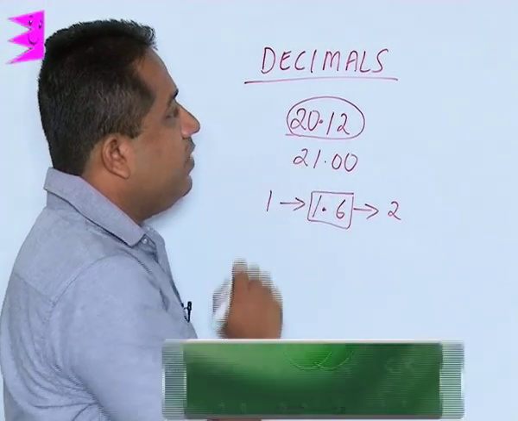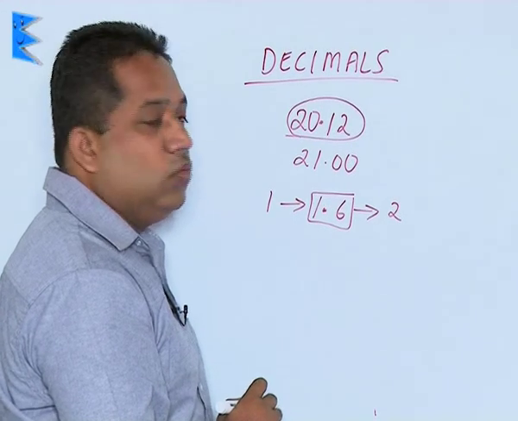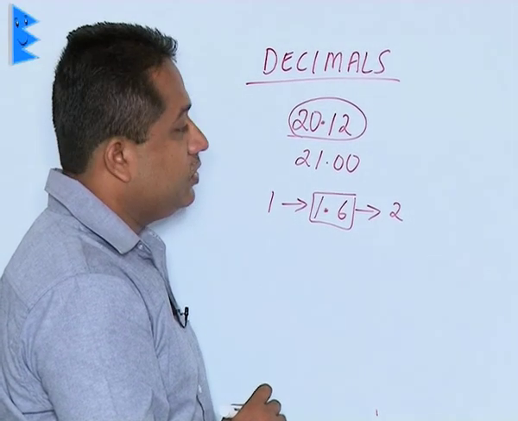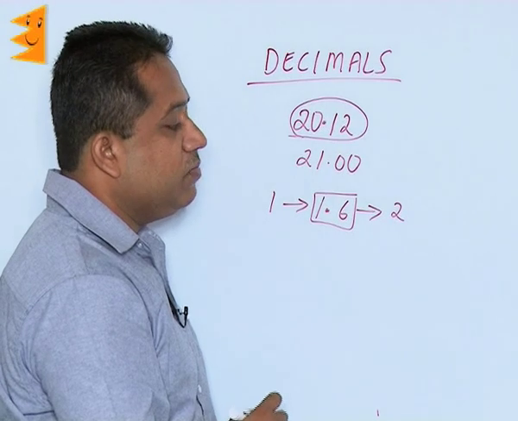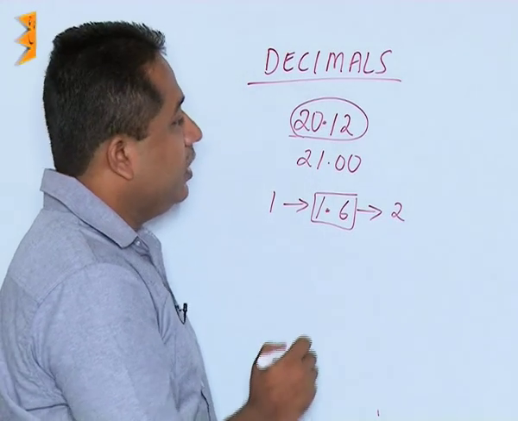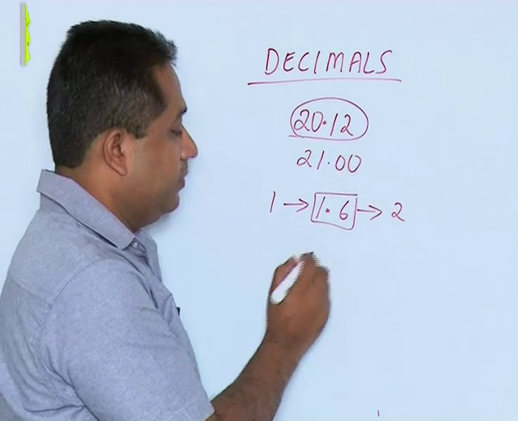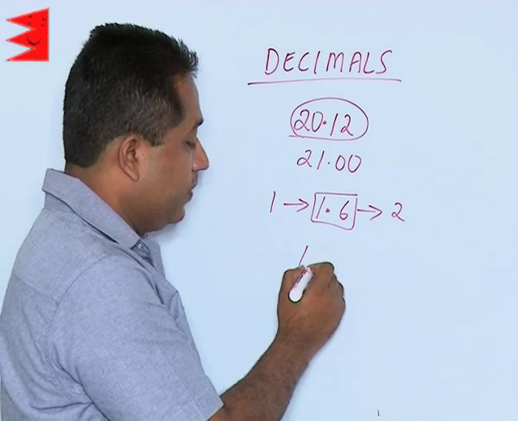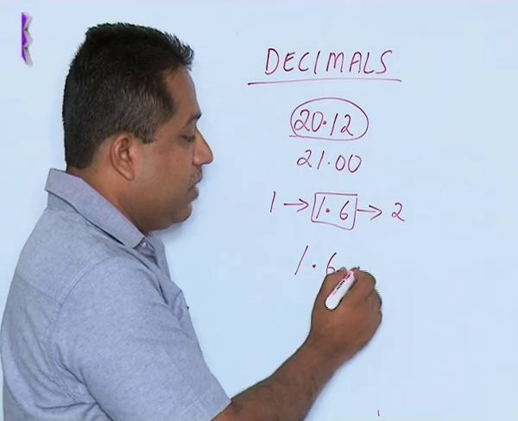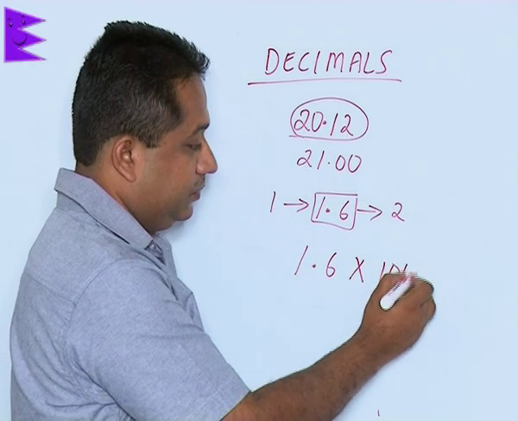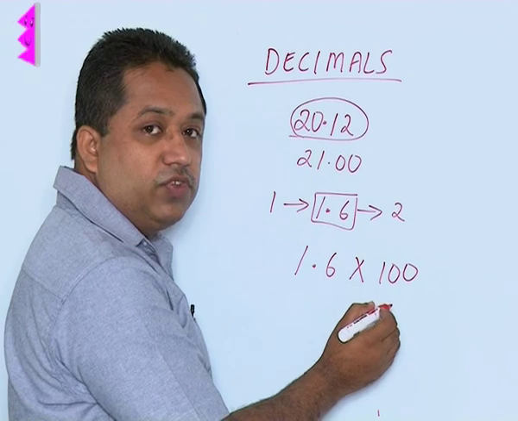So, how do we multiply two numbers with decimal values? How are we going to divide two numbers with decimal values? The easy way of multiplication, especially with hundreds, if we have, let us say 1.6 and we are multiplying this by 100, then the procedure is very simple.